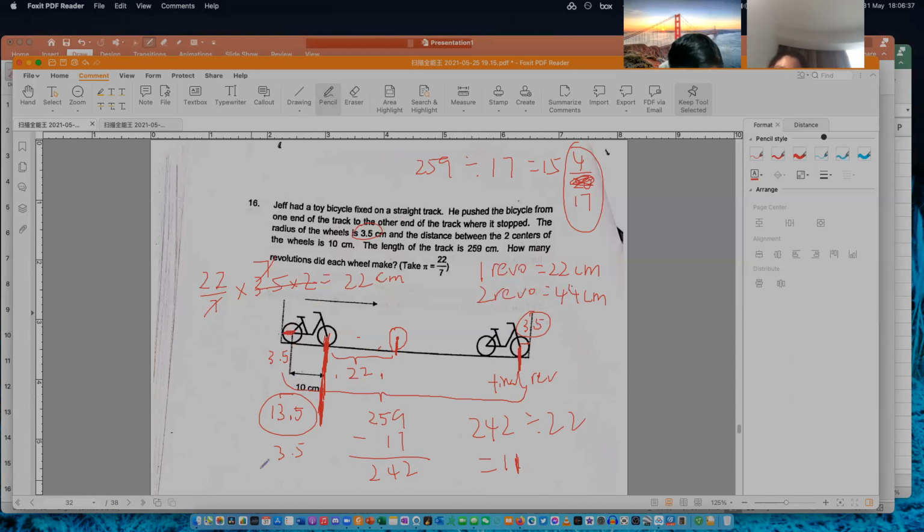So in total, from point A to point B, you have 17 cm not traveled. That's why I need to take 259 minus 17. So the distance that the bike has traveled is actually 242. And I make use of one revolution being 22. So I need to find out within the distance traveled, which is 242, how many 22 I have. So basically I have 11. Does it make sense now?